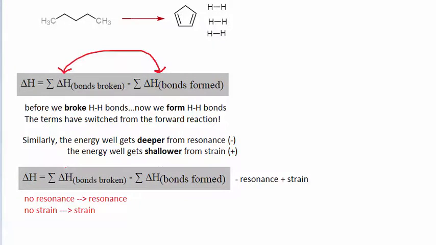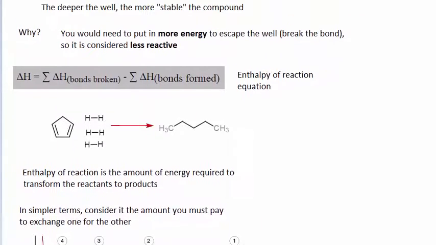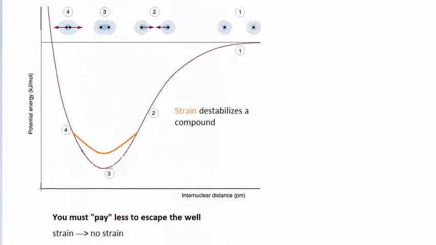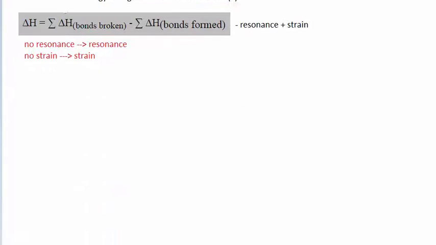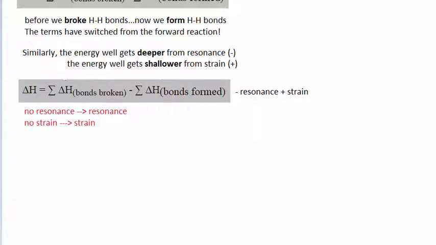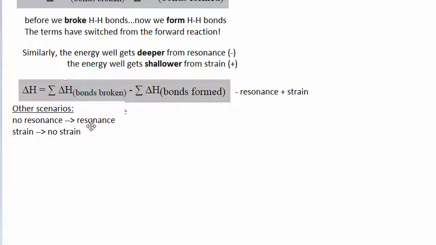Here we're going from, well, positive resonance and negative strain to negative resonance and positive strain. At this point, you might be getting a little confused, and that's why I'm telling you people confuse this every single year. There's other scenarios too.